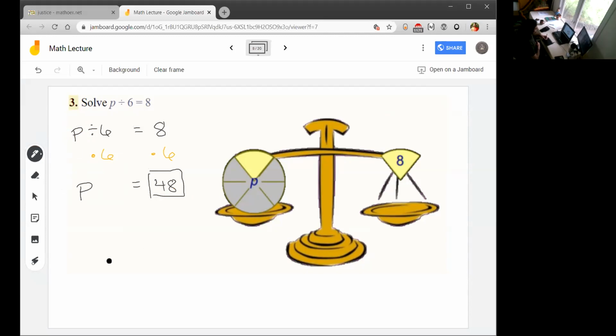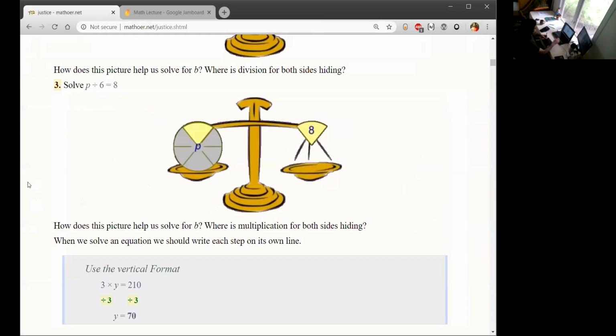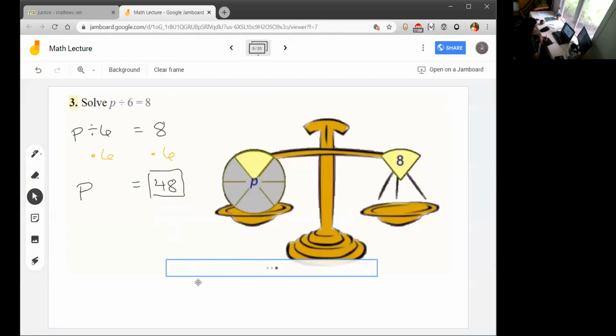And I put a box around it because I'm done. So that's the part we want. The rest is just sort of fluff if it helps your brain. Here's a picture. Where is the times 6 happening? I forgot to grab that part.